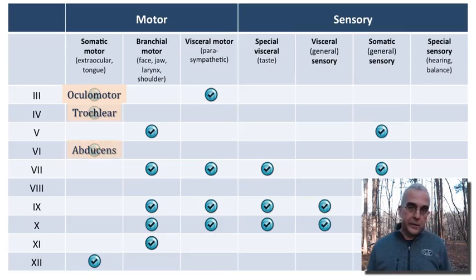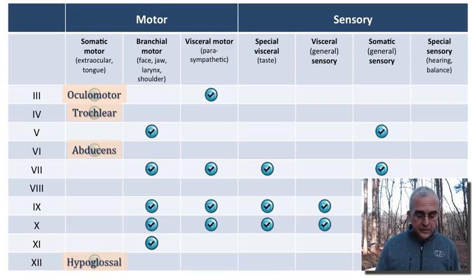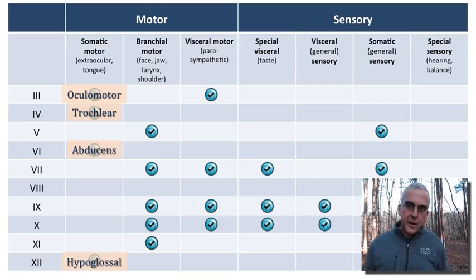It's the abducens nucleus. And then the final somatic motor nucleus, the 4th of that first group, is down in the upper part of the medulla associated with the roots of the 12th nerve, and it is called the hypoglossal nucleus. So there's our first 4 nuclei associated with somatic motor control.